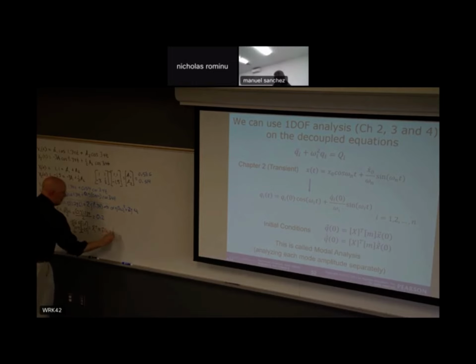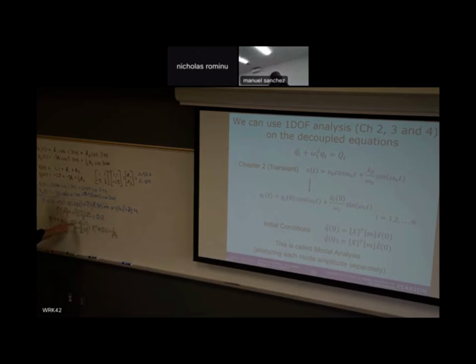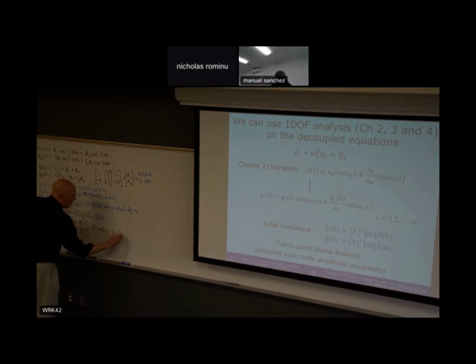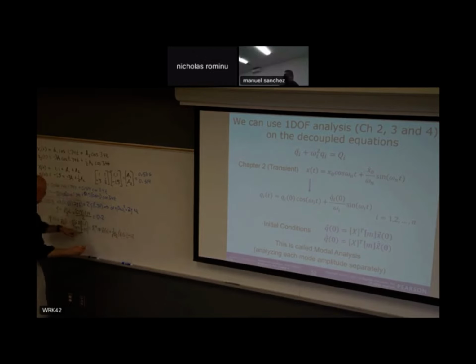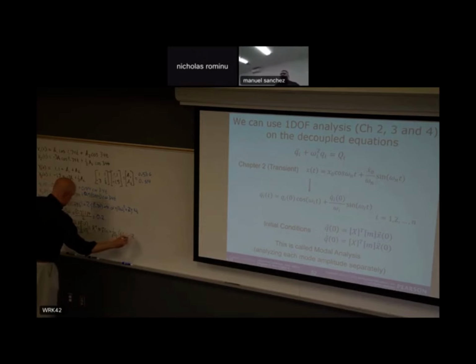So that's 1 over the square root of 42 times 6 times 1.1 plus or minus 12 times negative 1.5.